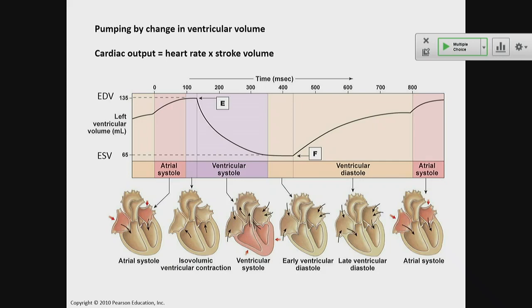The difference between these two values is, if I calculate correctly, 70 milliliters in this case, and that difference we call the stroke volume.